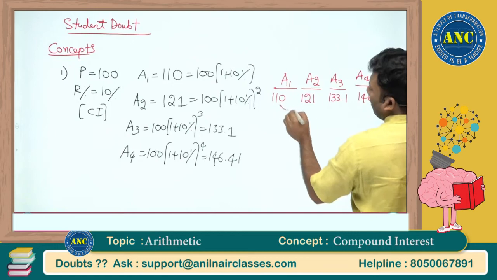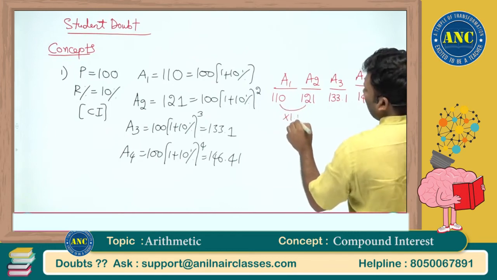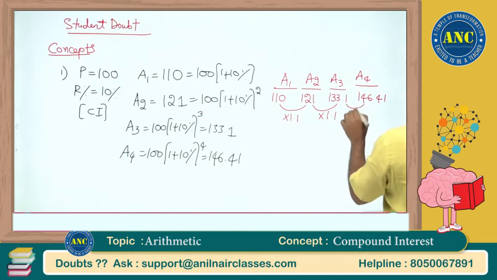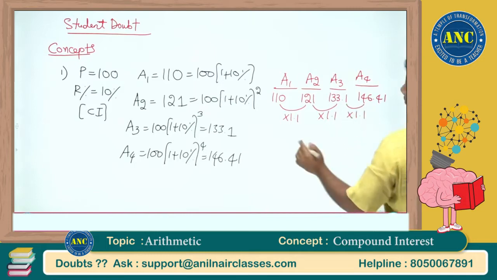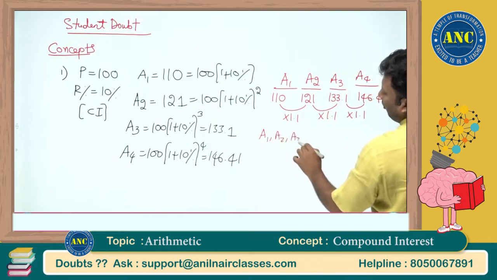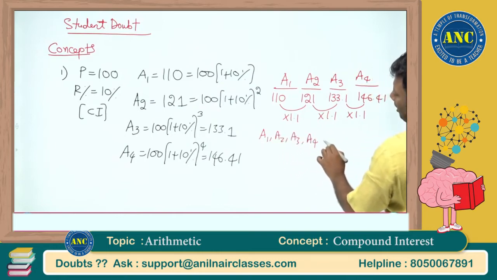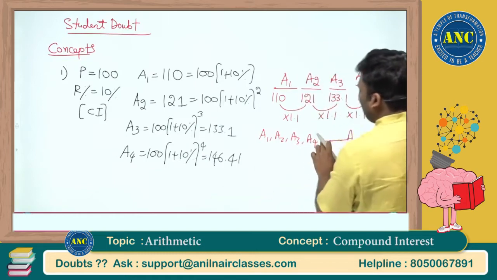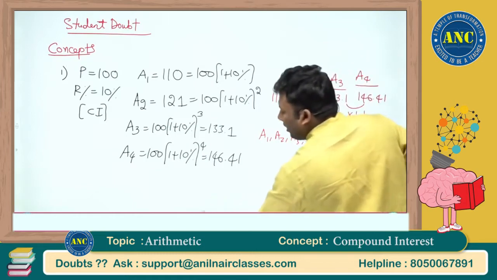From 110 to 121, it is multiplied by 1.1. Again by 1.1, again by 1.1. That means A1, A2, A3, A4 and so on up to AN, they are in arithmetic progression.